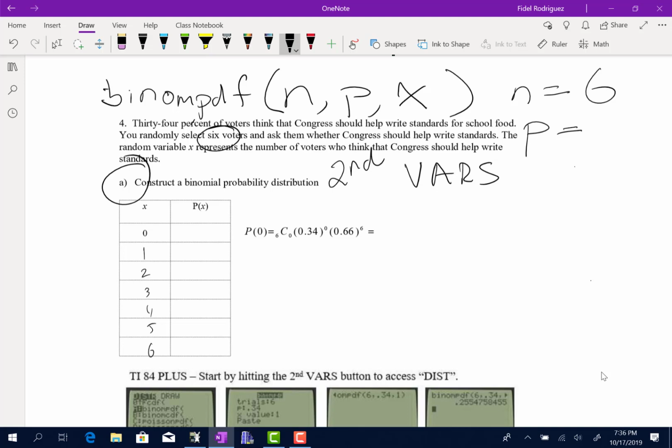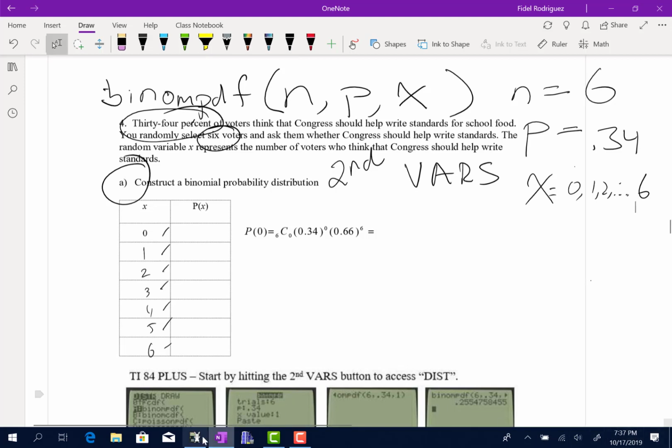What is the P number? 0.34, because how many people agree we should do this? 34%, right? And then my X number takes numbers from 0 all the way to what? All the way to 6, right? So X is going to be 0, 1, all the way to the number 6.